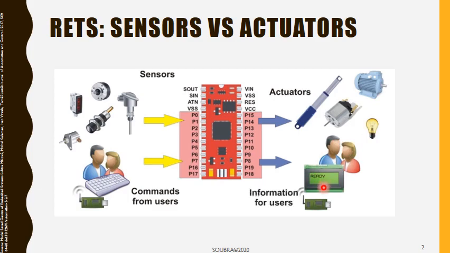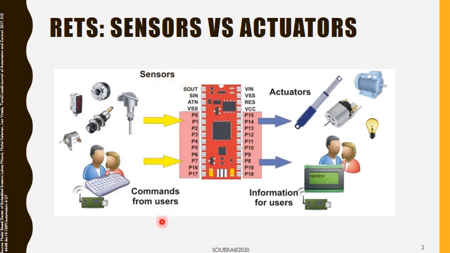So we can use actuators that provide information for the users and not directly automated to act on non-human environments. So this is the schematic that needs to come to your mind whenever you think of embedded systems.